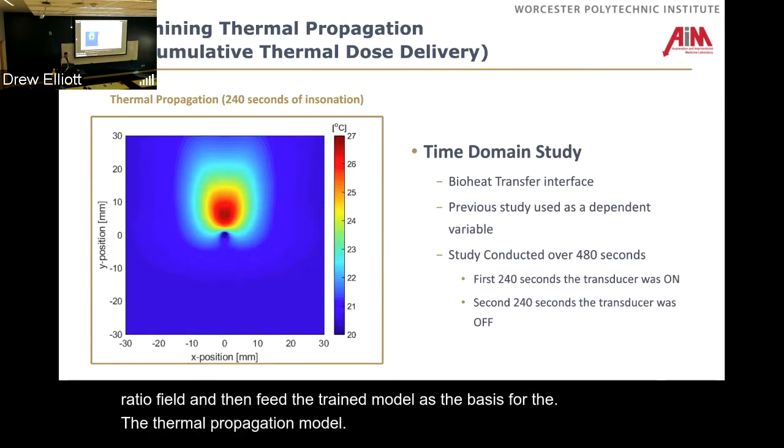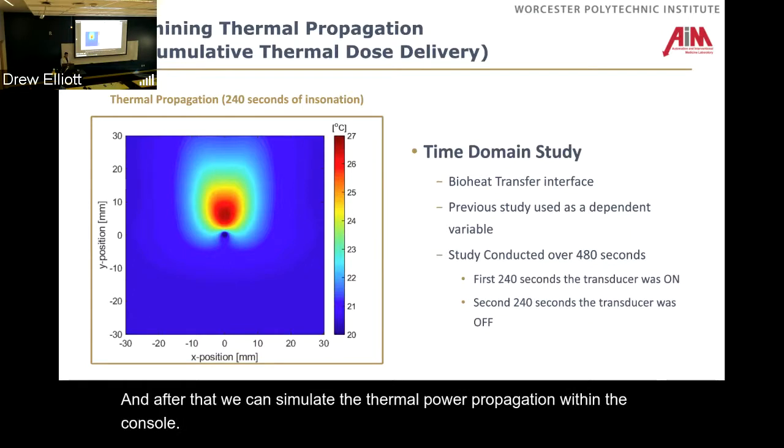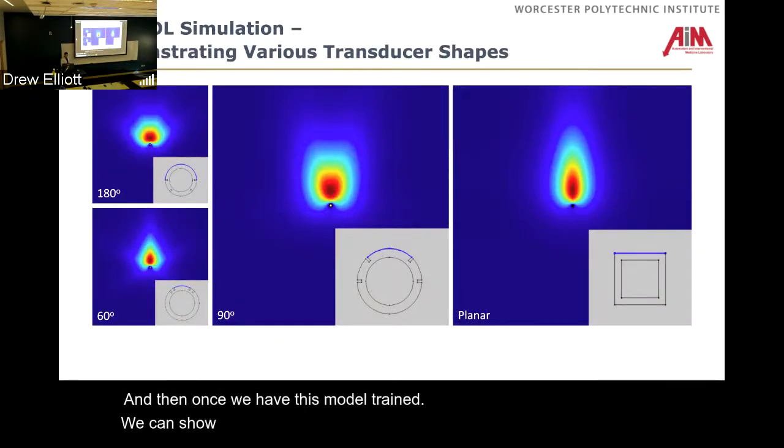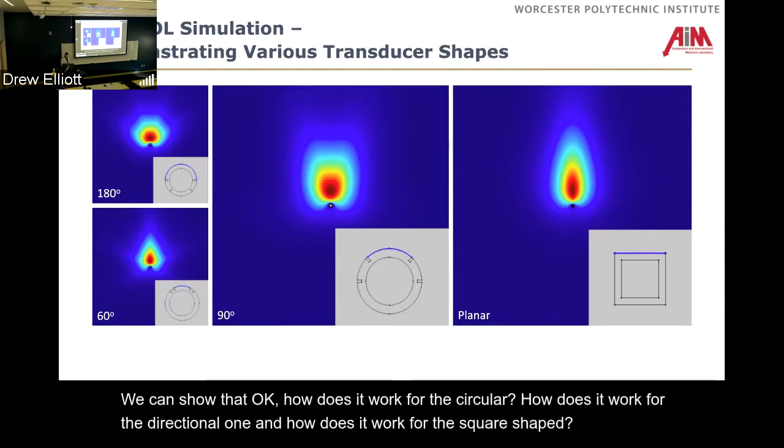And after that, we can simulate this thermal propagation within COMSOL. And then once we have this model, we can show how it works for the circular, how it works for the directional one, and how it works for the square-shaped piezo piece.